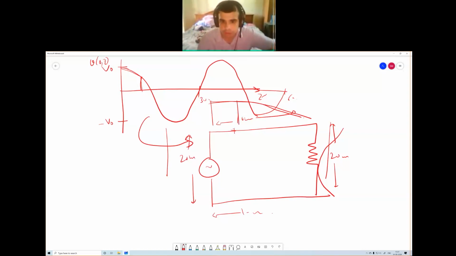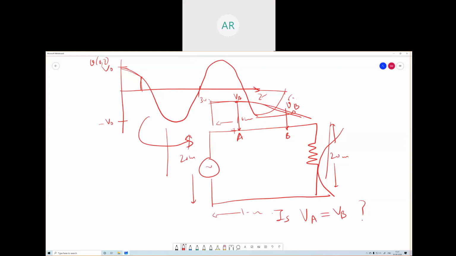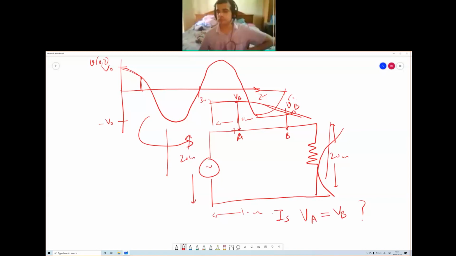So see the fun now. What is the voltage here? It is this value VA. What is the voltage here at point B? It is VB. Now is VA equal to VB? No, sir. But isn't this a violation of KVL?